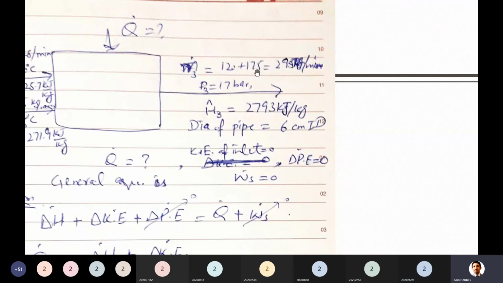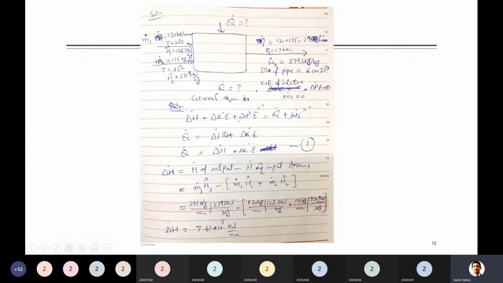Can you calculate the area? The diameter of the pipe from which this steam is leaving is given, so you can also find the area. If we can find the density, we will be able to convert this mass flow rate to the volumetric flow rate, and area can be easily calculated. So you can calculate the velocity of the outlet stream.